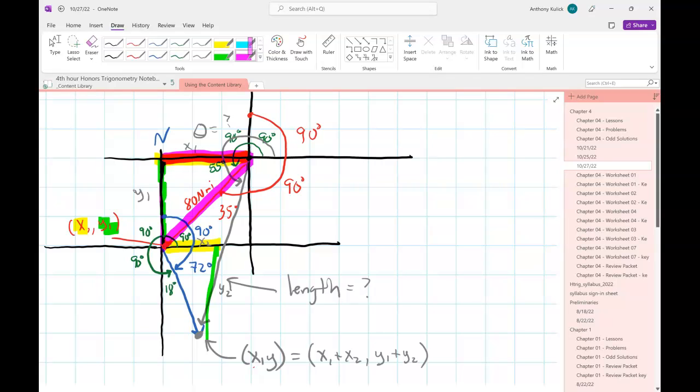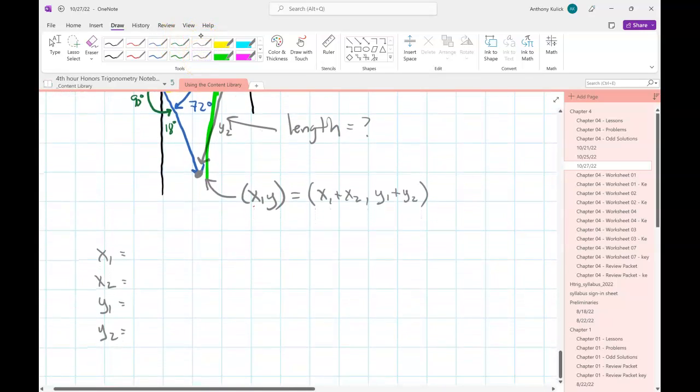Now, I can remember to do that, or instead, I can use my standard position angle with sine or cosine or whatever, and it'll just take care of the signs for me. That's what I would recommend. Okay? Sure.